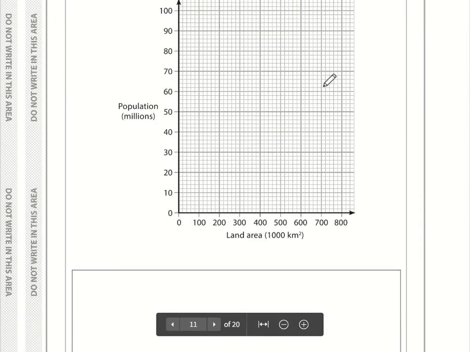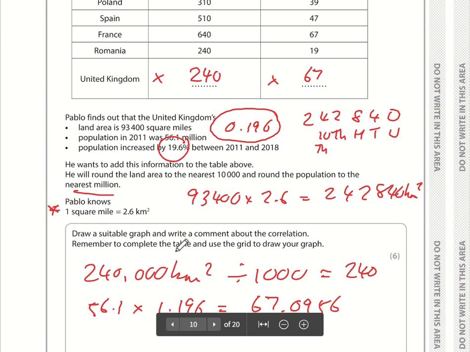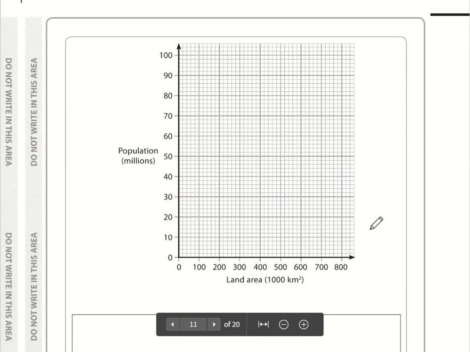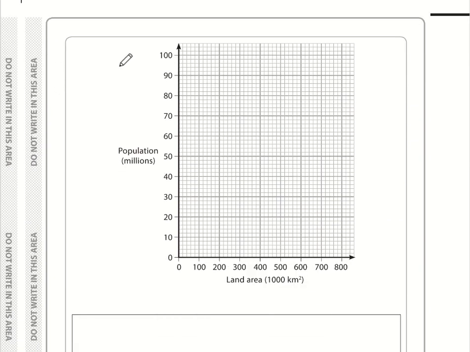Okay, now for the next part, it says: now that we've filled in the information, draw a suitable graph and write a comment about the correlation. I don't want to be scrolling up and down the whole time, so here are the values that we need to plot.